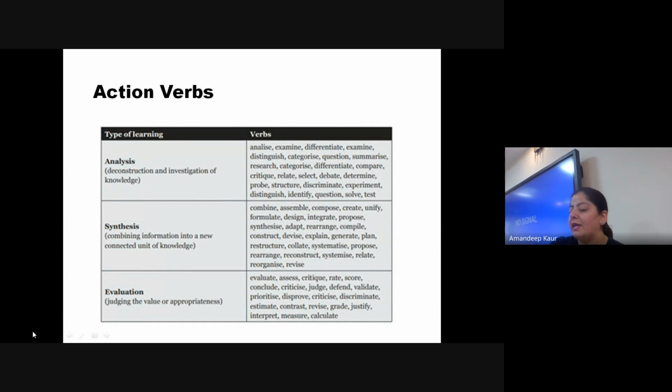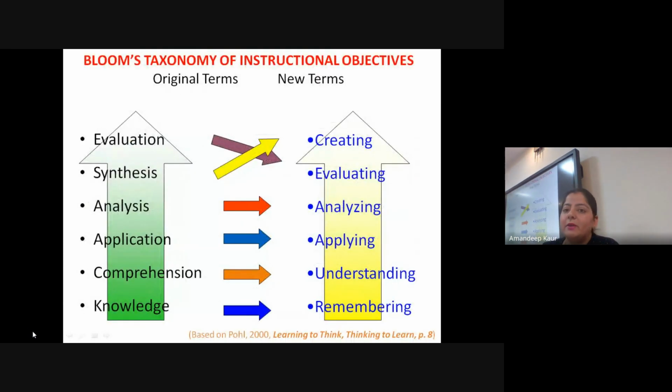Now the question arises when we say level of understanding. Understanding किस level पे? At what category is understanding there? Second level पे. But when I want to create something, analyze something or evaluate something, I need remembering and understanding.